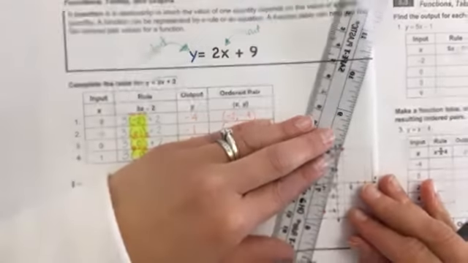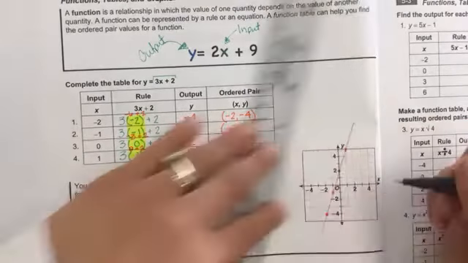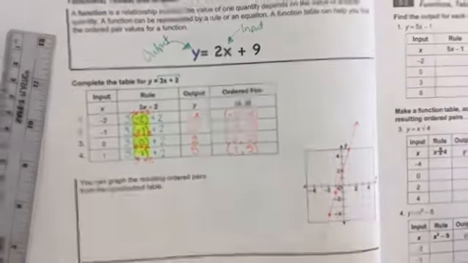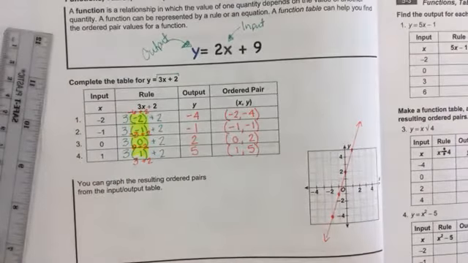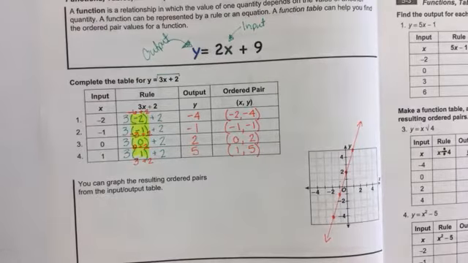And I'm just going to connect my points here. In this particular case, we have a straight line. They are not all going to be straight lines. I will warn you.